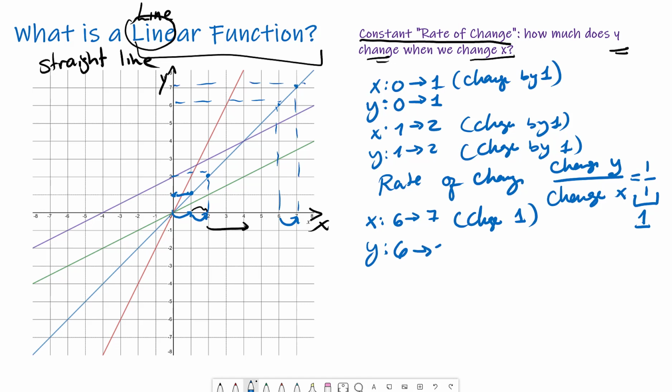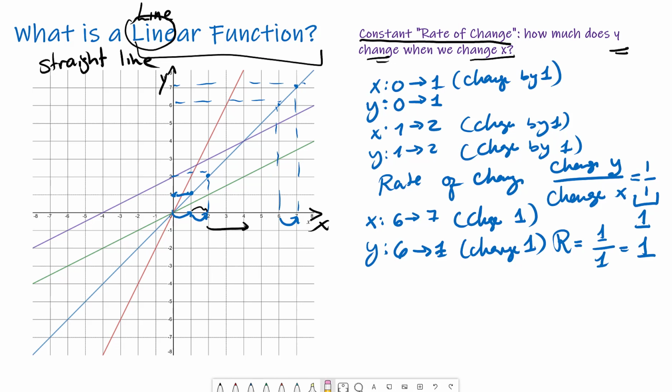So again, the change is 1. So our rate of change is just 1 divided by 1, which equals 1. So no matter where we go on this line, the rate of change is exactly the same. It'll be constant. Let's look at another example.